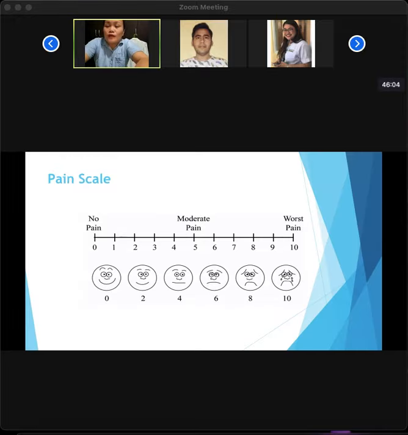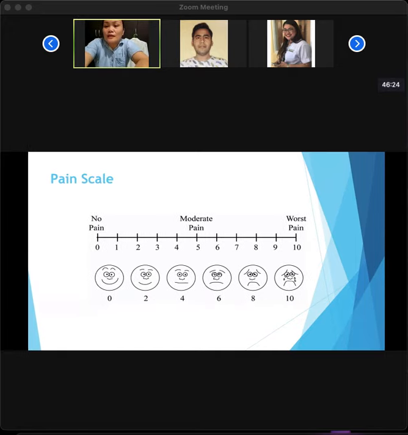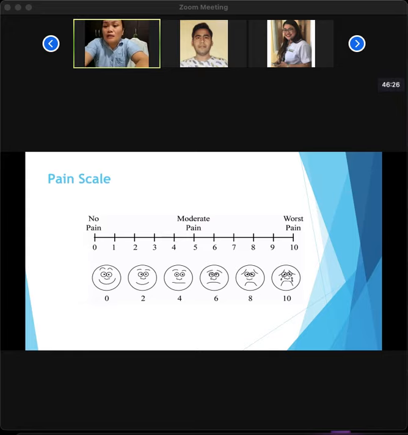So through visual analog scoring, you can ask the patient from 0 to 10. Pwede siyang siya na yung mag-i-score, and then you can show the visual analog scale kung nakasimangot or nagka-cry na siya.